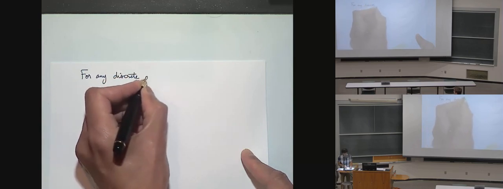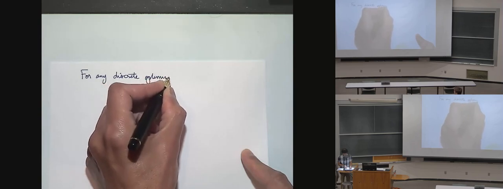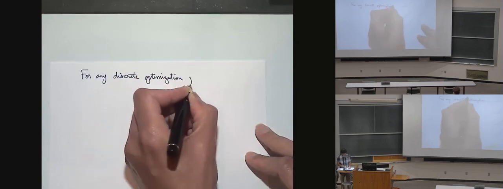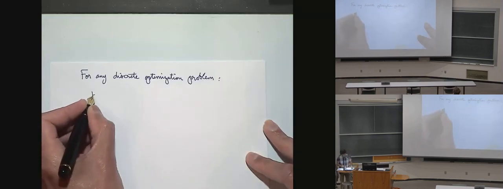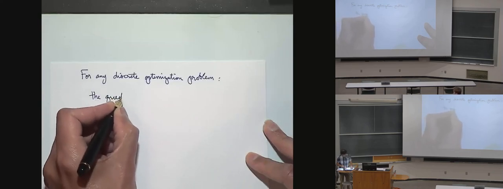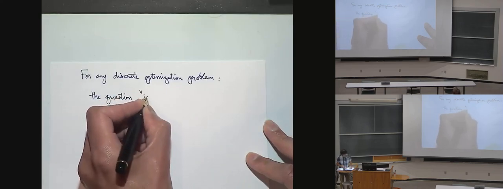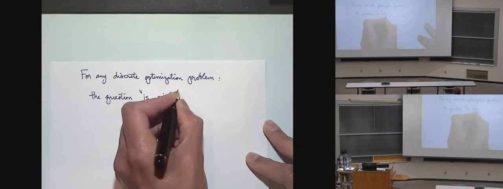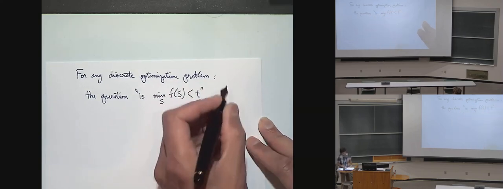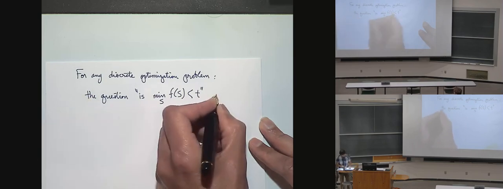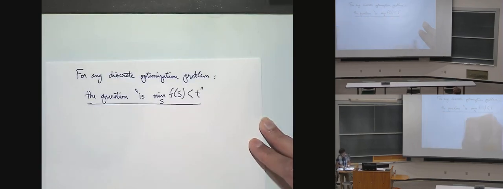The point is, for any discrete optimization problem, the question is min s f s less than t. This is the question we're studying. This is the main question.